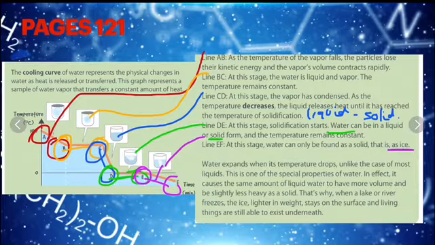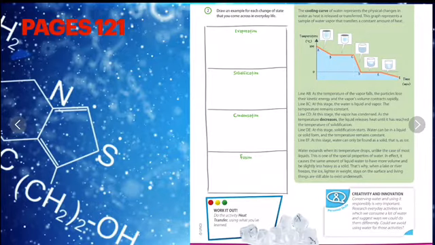Now let's continue in the next part. Over here you observe this exercise, which says draw an example for each change of state that you come across every day. Over here they give you an example, the lake and the river.